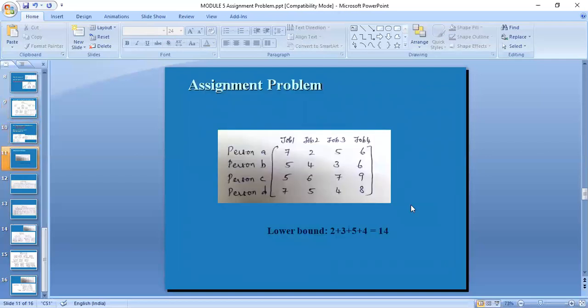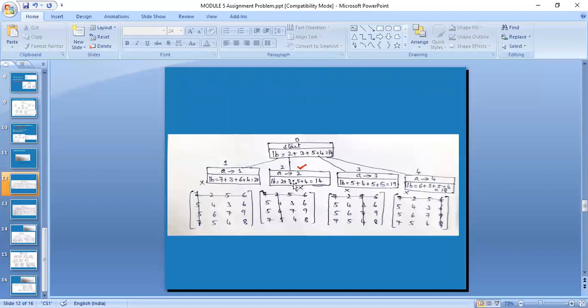So I have given you another problem with another set of assignments, where you will be getting 7, 2, 5, 6 for person A, B, C, D. If you find out the solution, here we have 20, 14, 19, and 18. 14 is the least value, so you have taken that as the most promising node.